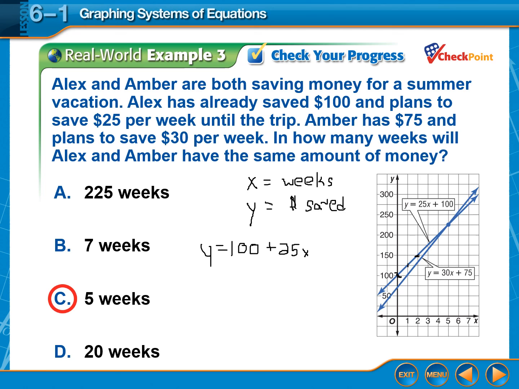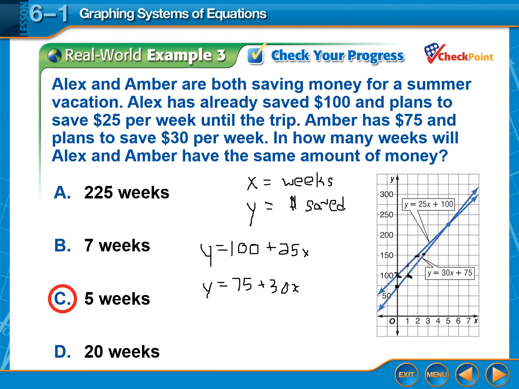For Amber, her amount starts with $75, and she is saving $30 each week. So she starts here at $75, and her graph goes up by $30 each additional week.